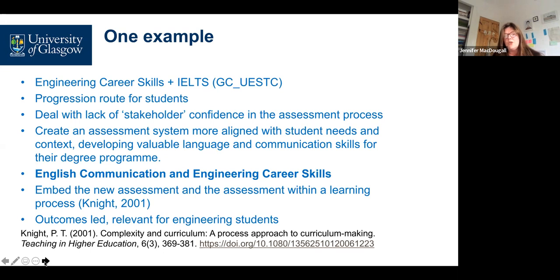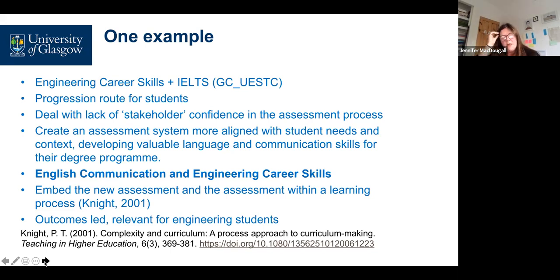So unlike students who are entering university in the UK, where they would have to get a certain IELTS score when they joined the university, our students had 2 years to develop their English, and then they were assessed at the end of 2 years. So we call it a kind of progression. So it's before they go into the senior part of their degree.